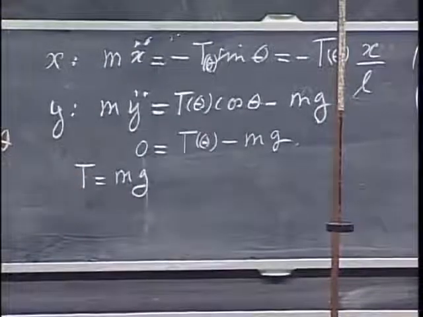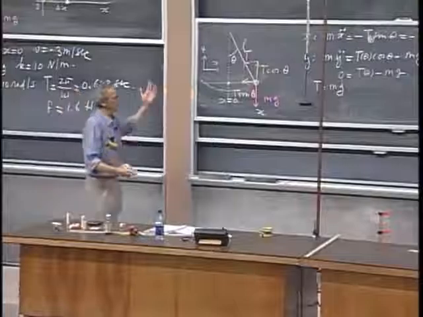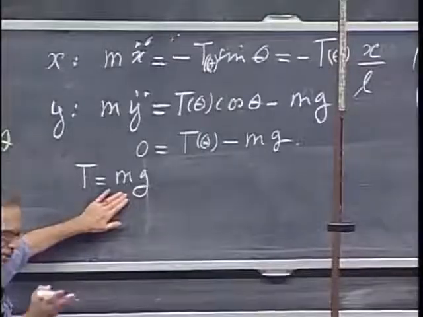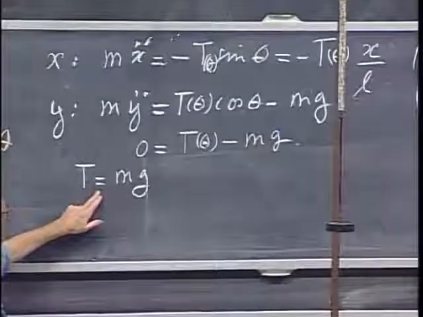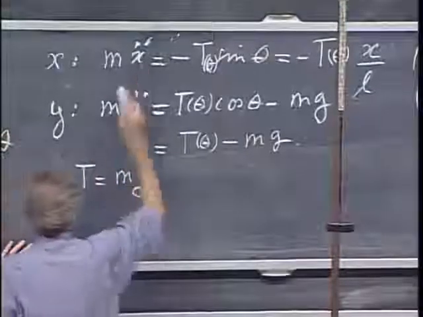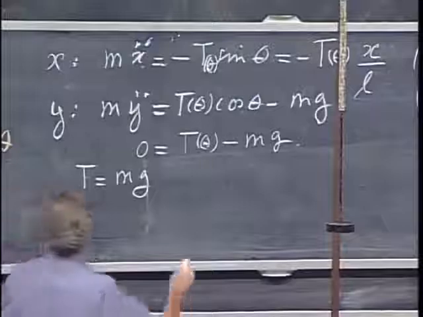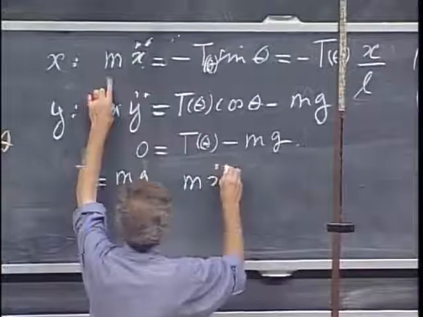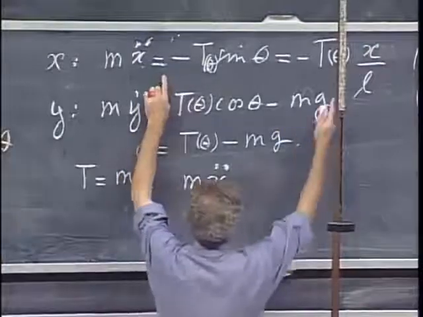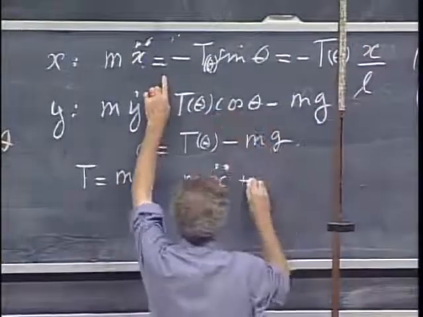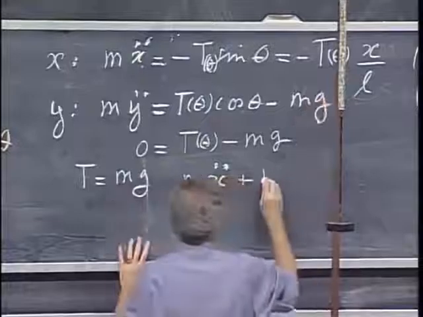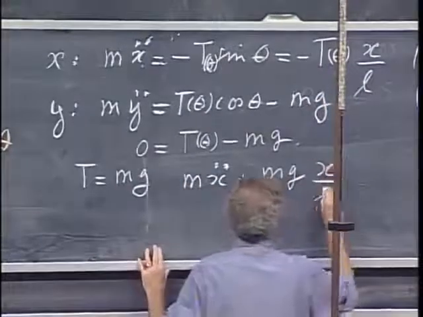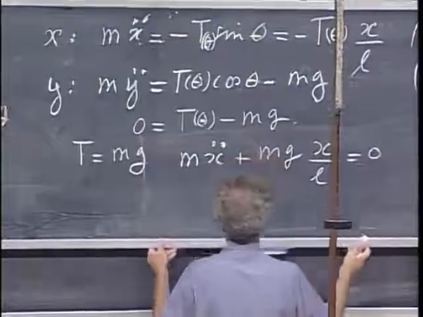So I simply have, in my small angle approximation, that I can make T the same as mg. It's approximately, but I still put an equal sign there. I substitute this back in my equation number 1. And so now I get that m times x double dot, and I'll bring this on the other side, plus T, which is now mg, times x divided by L equals 0.